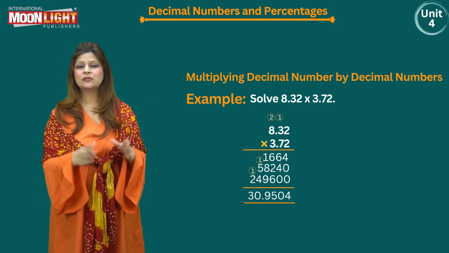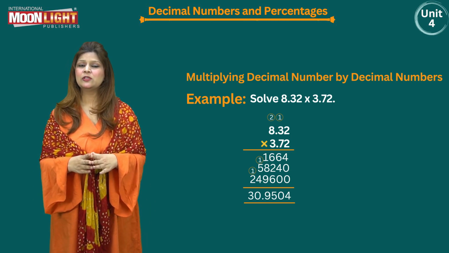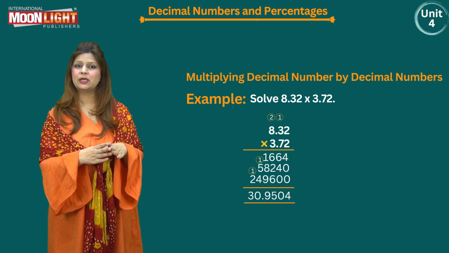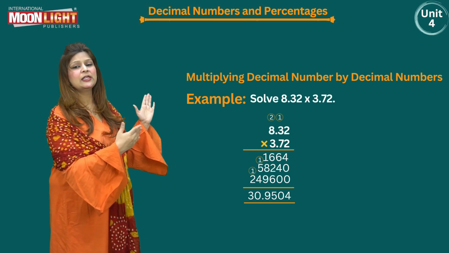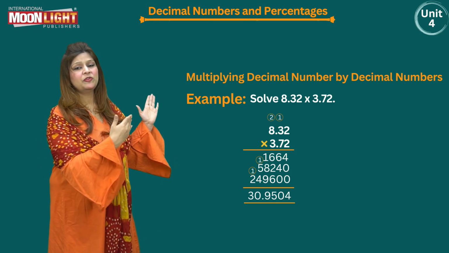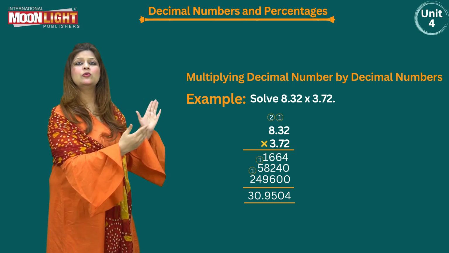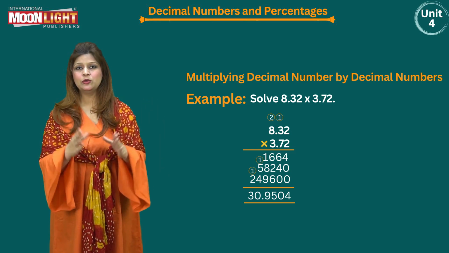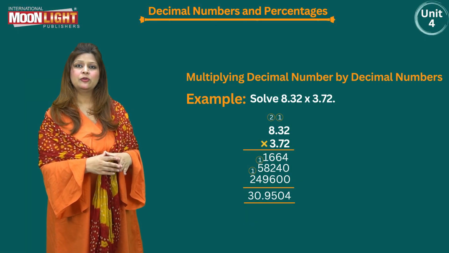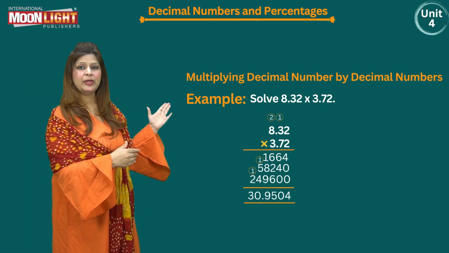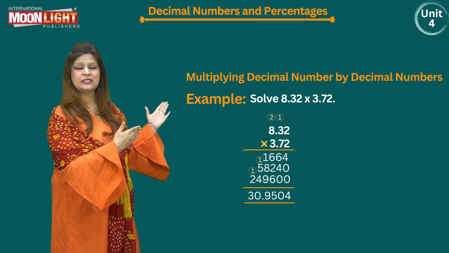Now what next? The number 7. The 7 is going to multiply by the same number which is over here, that is 8.32. So we are going to do multiplication from our right hand side. So 7 2s are 14. But do remember one thing, we are going to write down the 0 over here because this is the 10th digit now.